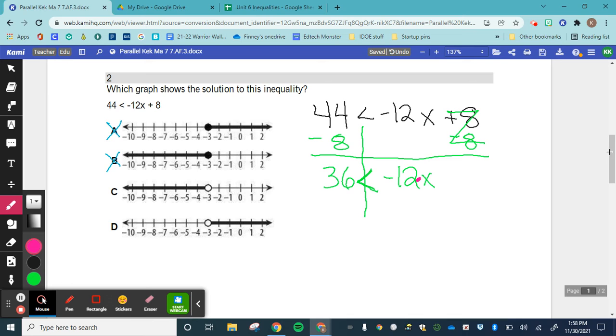So anytime you have a number that is right beside a variable, there is invisible multiplication right there. Because that helps me to remember that to cancel multiplication, I will need to divide. And I need to divide by the exact same number that was my coefficient. So I need to divide by a negative 12.